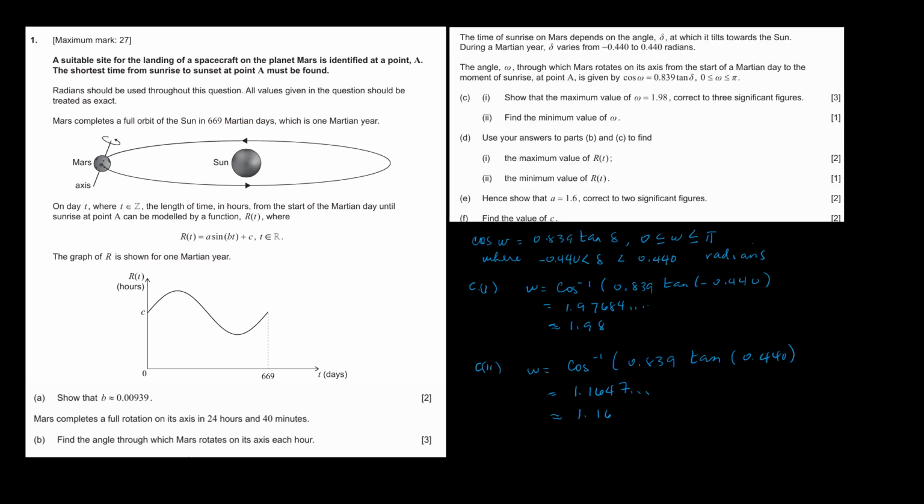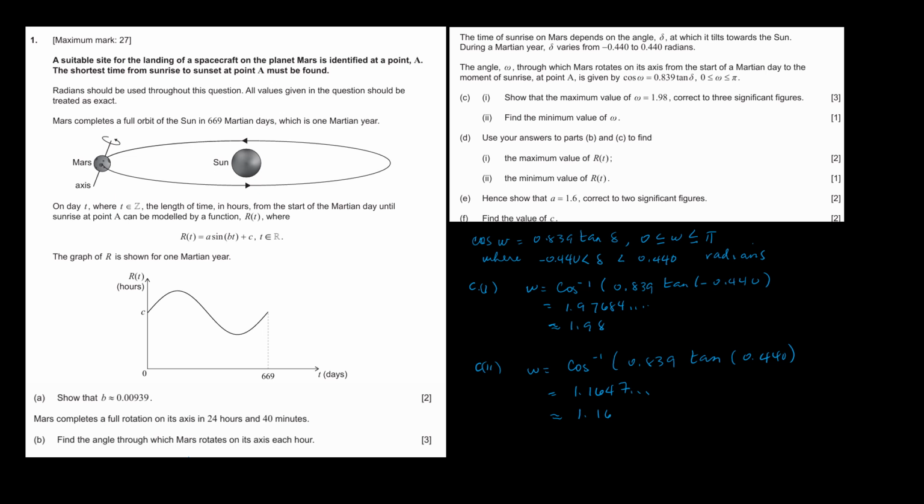Okay, here we go to question number 3. The time of sunrise on Mars depends on the angle delta at which it tilts towards the sun. During the Martian year, the angle varies from negative 0.440 to 0.440 radians.